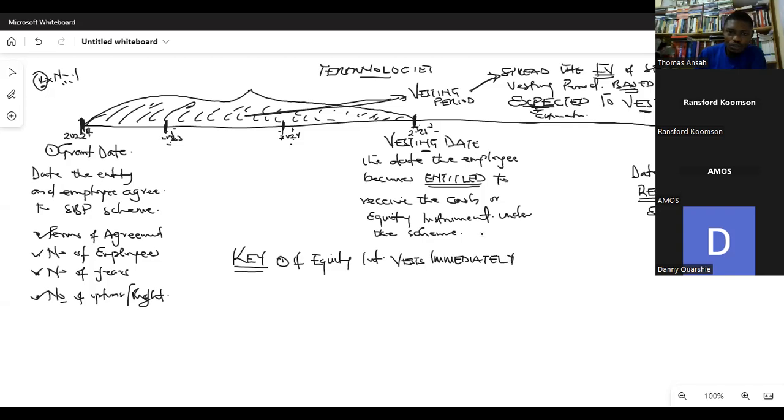Which timing would you think, which terminologies qualify for the immediately? The grant date.